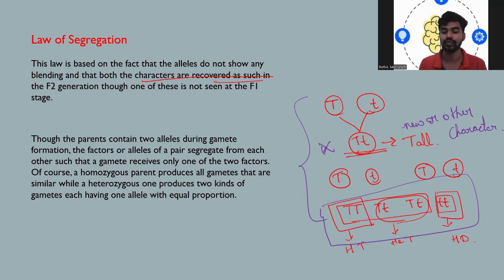So we will see how, with an example. In law of segregation, you will see two different examples. One is you will see in incomplete dominance, and another one you are going to see in codominance.